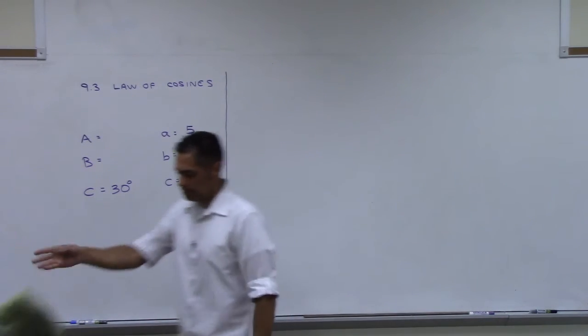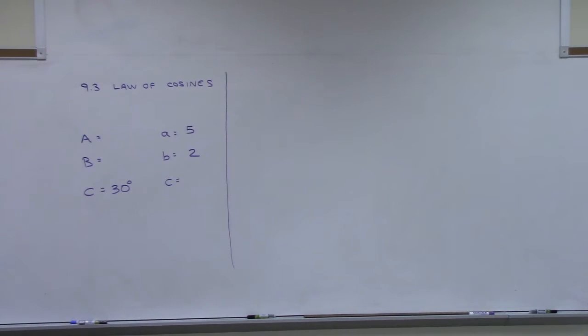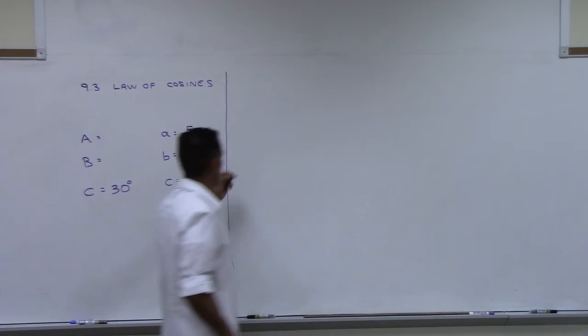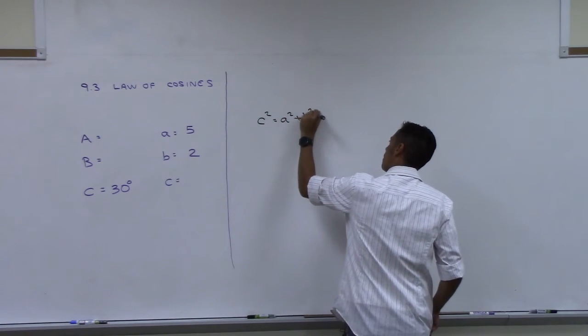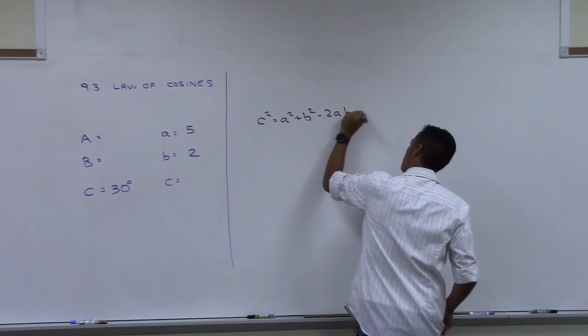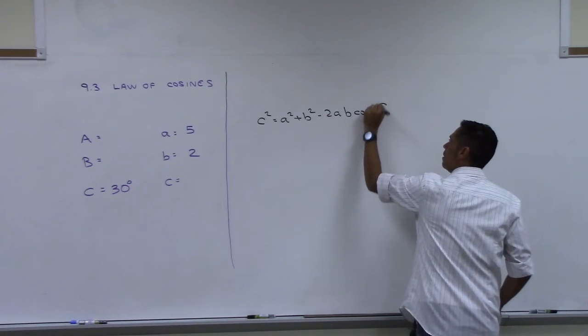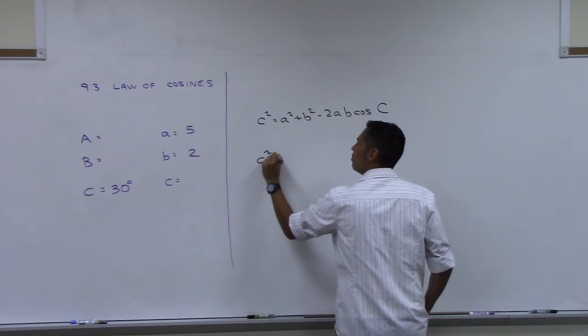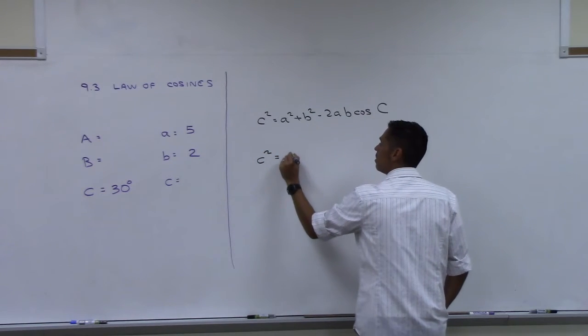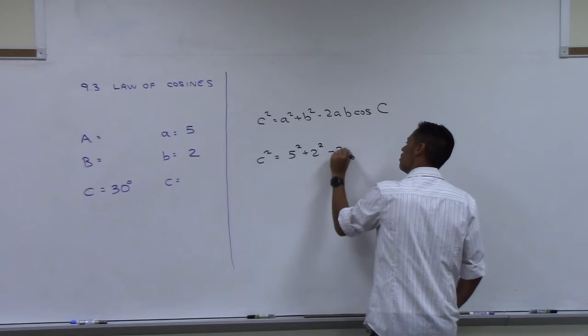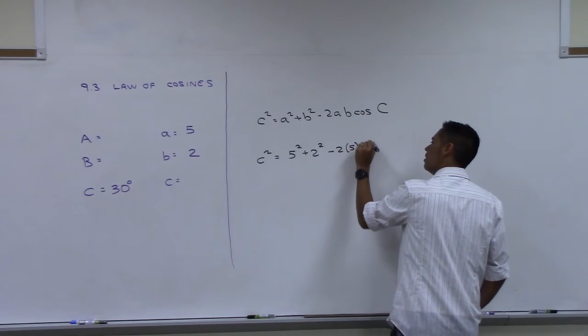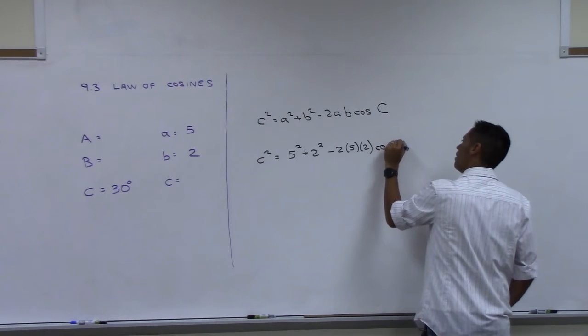All right, let's do this. I want to know little c. So I'm going to just write down the formula. c squared equals a squared plus b squared minus 2 times a times b times cosine of C. And then I just replace things. c squared is 5 squared plus 2 squared minus 2 times 5 times 2 times cosine of 30 degrees.